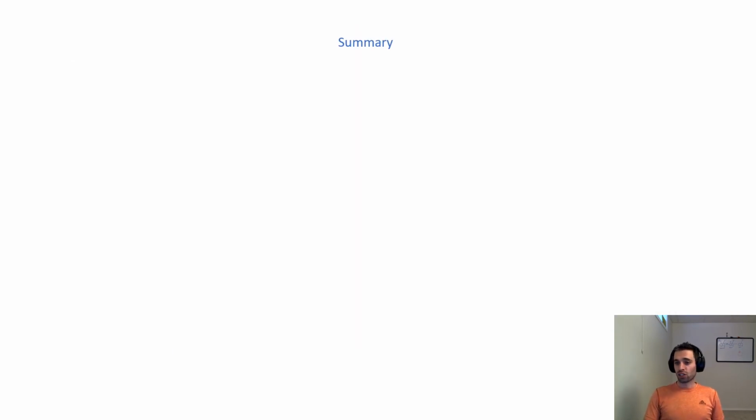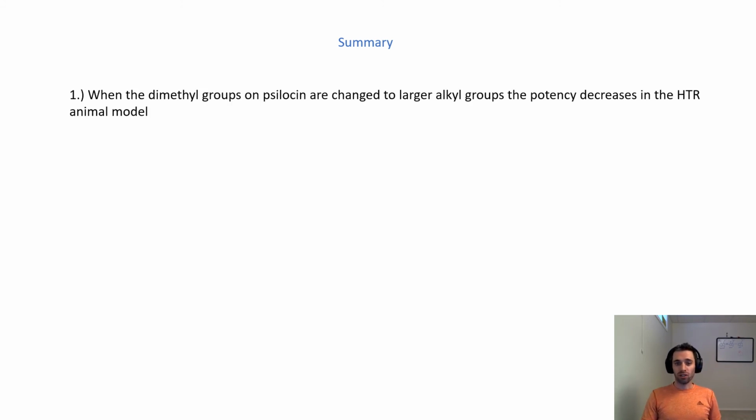Finally, let's go over just a quick summary of what we learned from this publication. We learned that when the dimethyl groups in psilocin are changed to larger alkyl groups, the potency decreases in the head twitch response, which is an animal model.